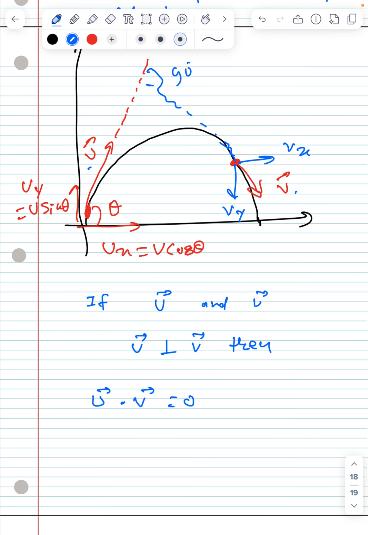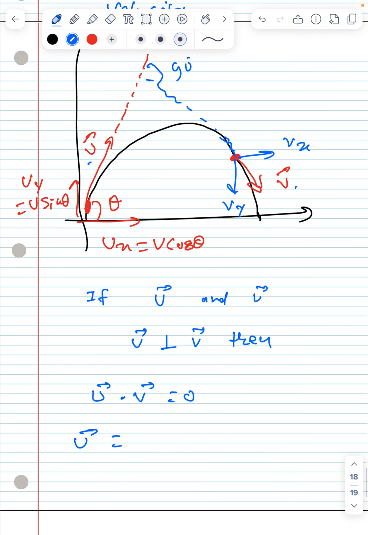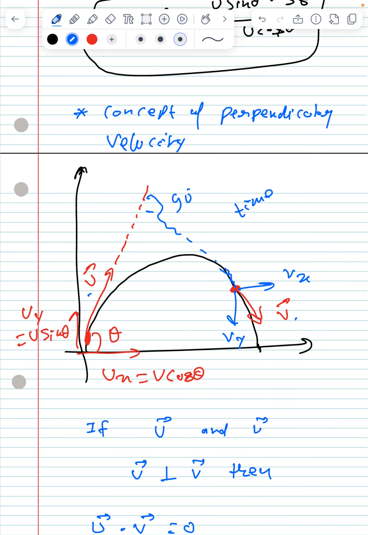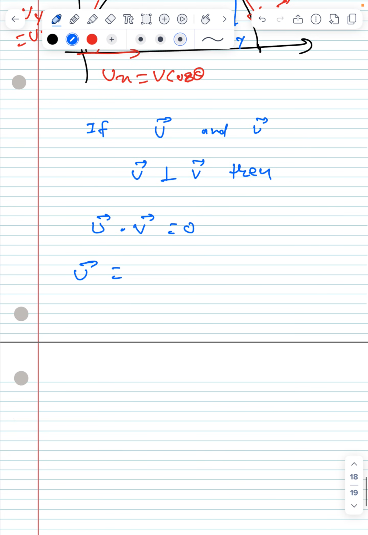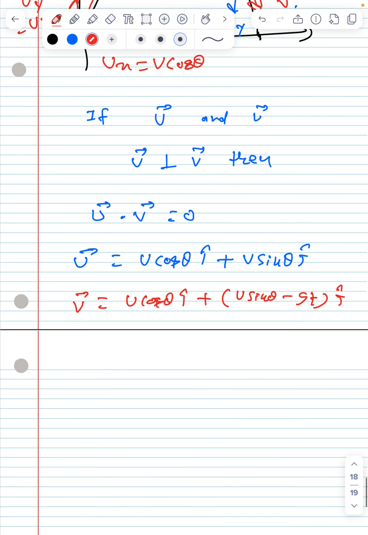If vector u and vector v are perpendicular to each other along their directions, then the dot product of both vectors equals 0, meaning vector u dot vector v equals 0. Suppose in this problem we calculate the time after which both velocities are perpendicular to each other, right?